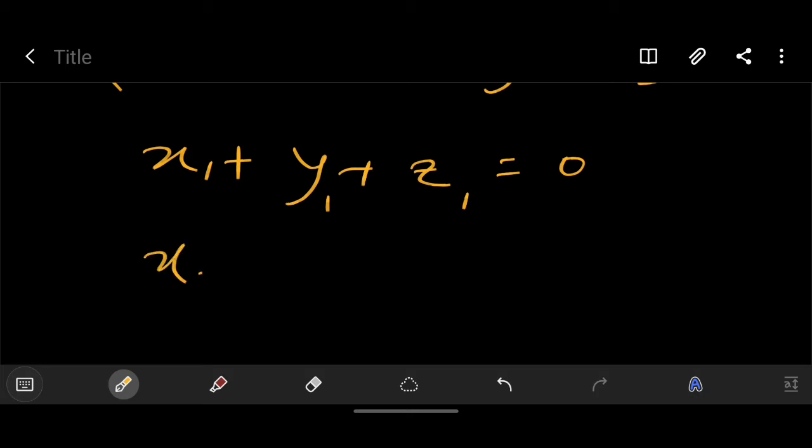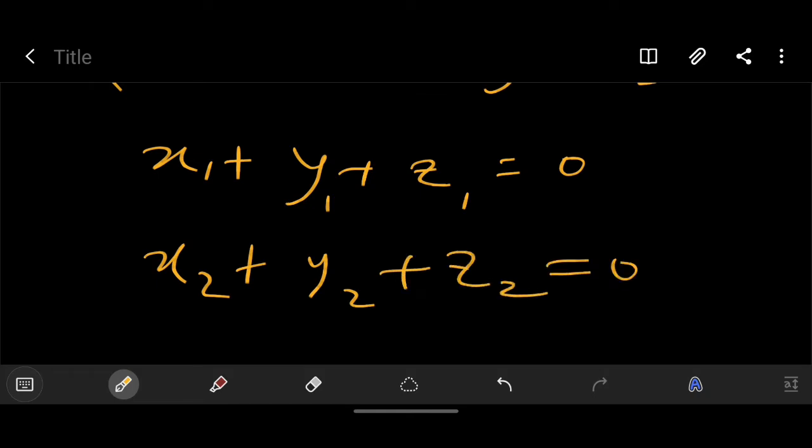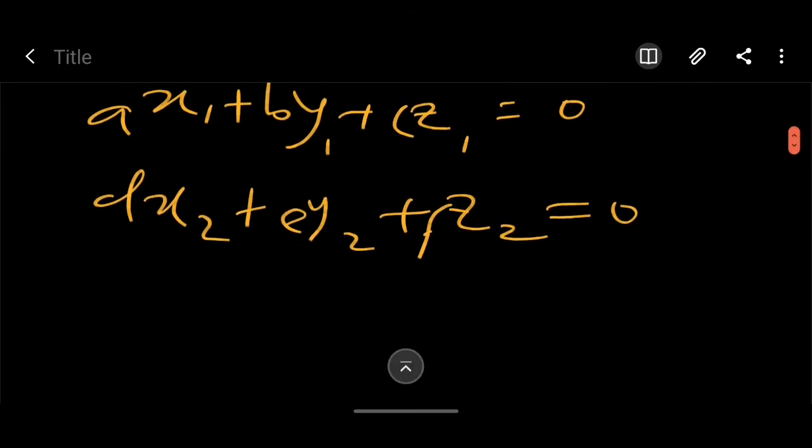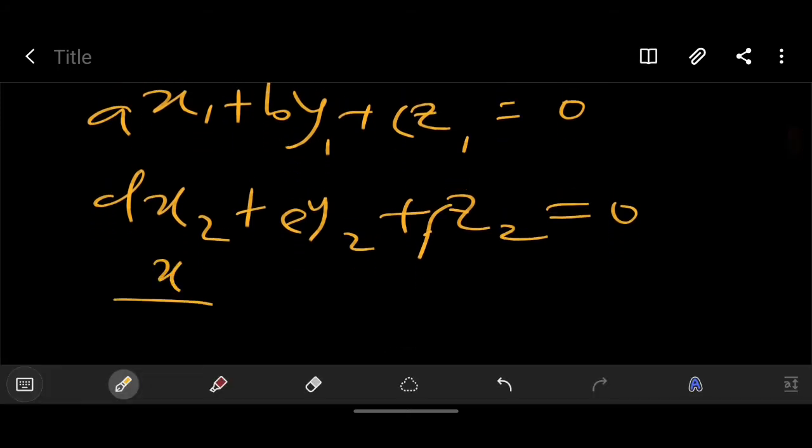Let's recall what we have learned in high school. If we have a1 x plus b1 y plus c1 z equals 0, and a2 x plus b2 y plus c2 z equals 0, with coefficients a, b, c, d, e, f, and we want to find their ratio, x divided by something equals y divided by something equals z divided by something.